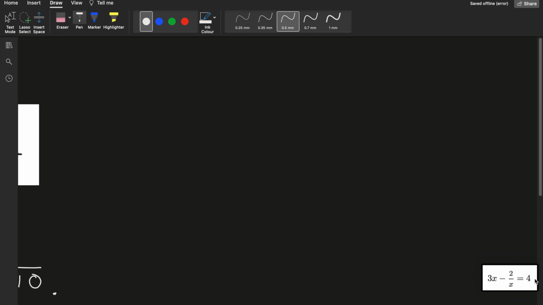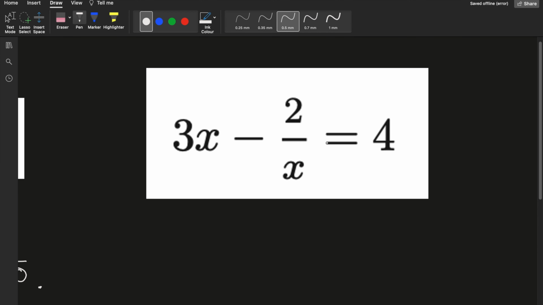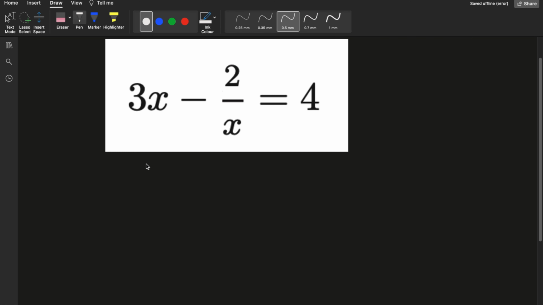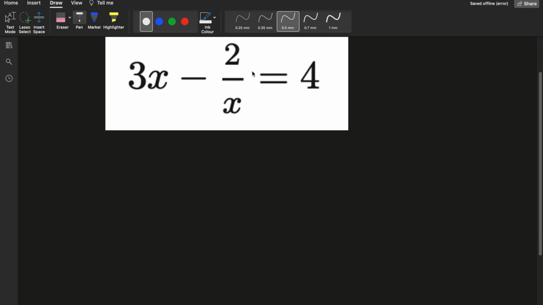This may seem complicated, but it's very easy. All you'll have to do is multiply the terms by x so that we don't have to deal with this. So what we'll have to do is multiply by x. 3x into x is 3x squared.